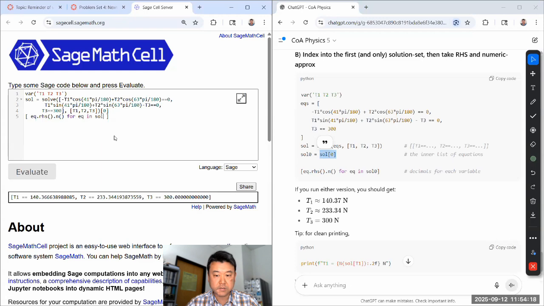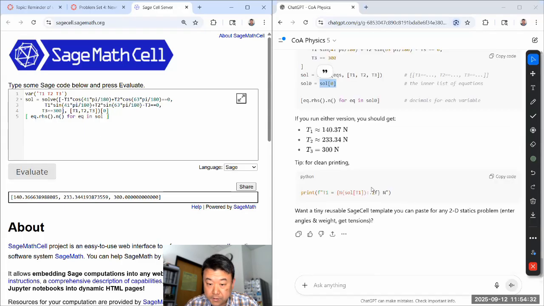Here in my version Sol is the same as Sol[0] there, so this should work. So you get 3 numbers, and if you get the sense that they are in the order of T1, T2, T3 the way you specified, then that should be enough. For clean printing, yeah, okay.